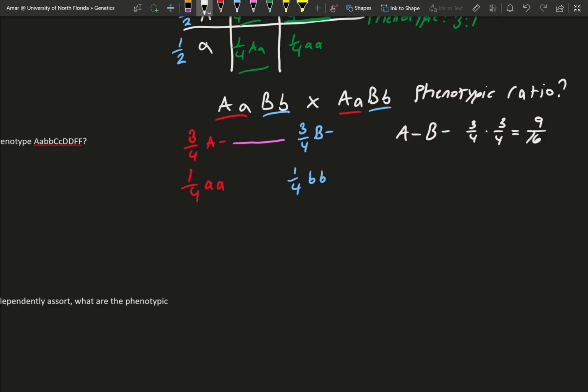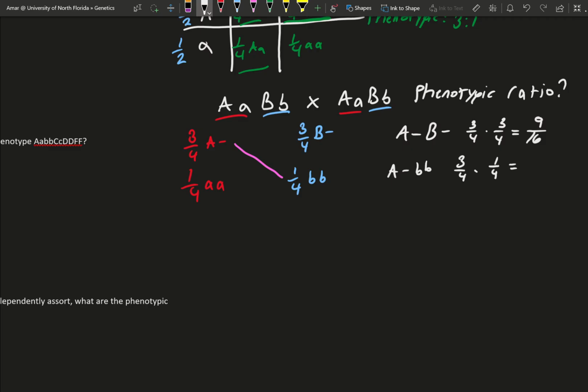Okay. So next, we're going to erase that to get the big A phenotype and the little b phenotype. You write it down. To get big A and little b phenotype, it's essentially 3/4 multiplied by 1/4.